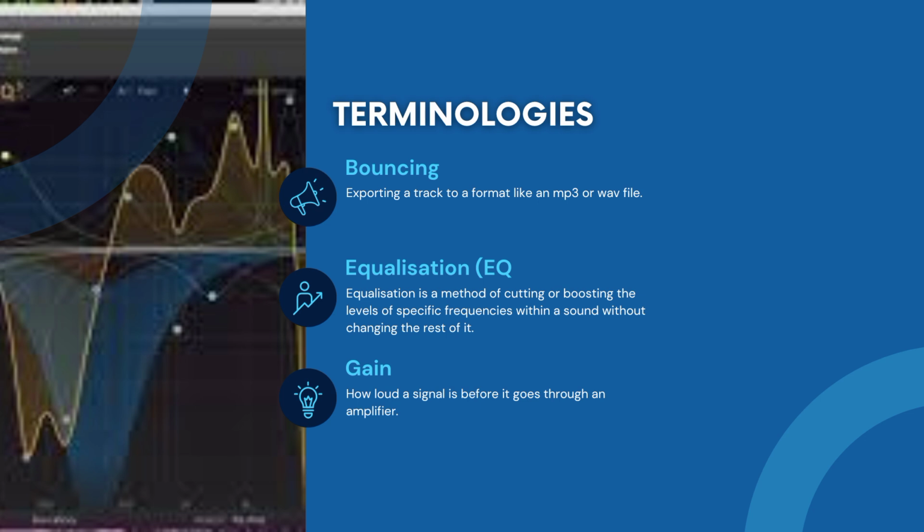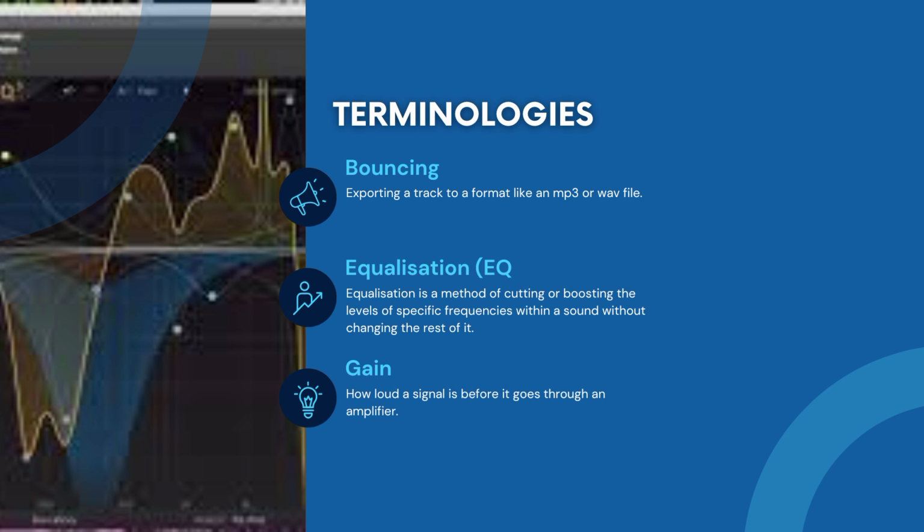That is bouncing. Next we look at EQ, that is equalization. This is a method of cutting or boosting the levels of specific frequencies within a sound without changing the rest of it, by adjusting the gain of a particular frequency at a selected point.